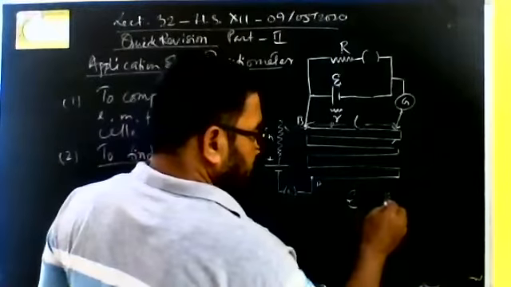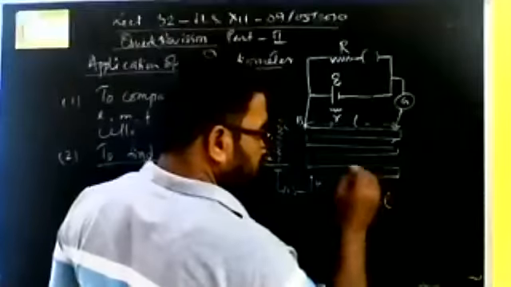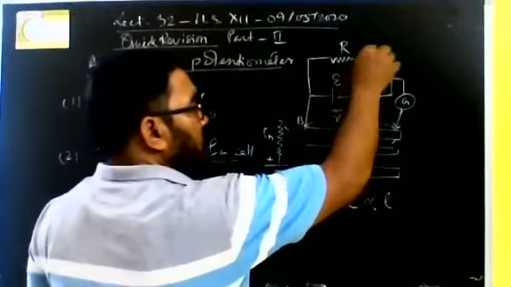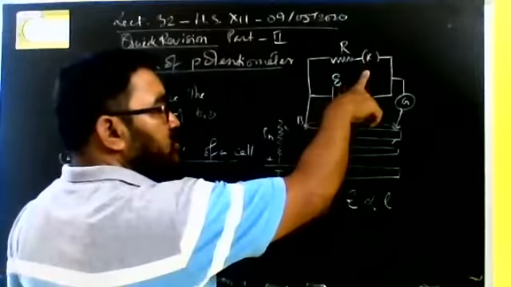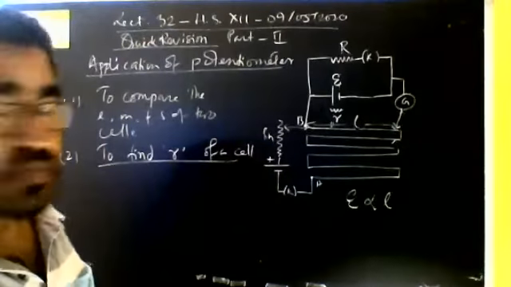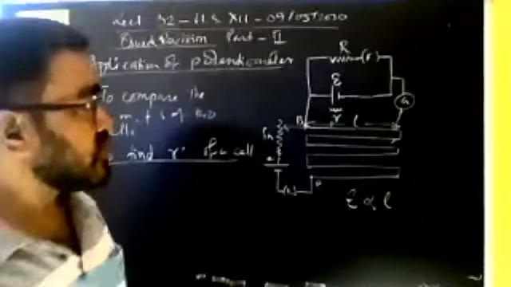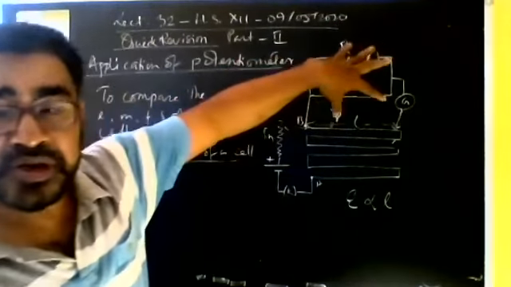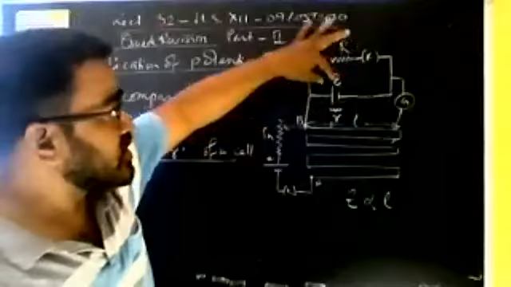Next, you are getting this. Next, connect R. Connecting this, you are getting a potential drop here, right? For that, you have to take the terminal voltage V, not EMF.